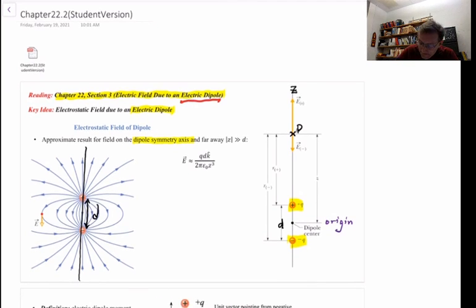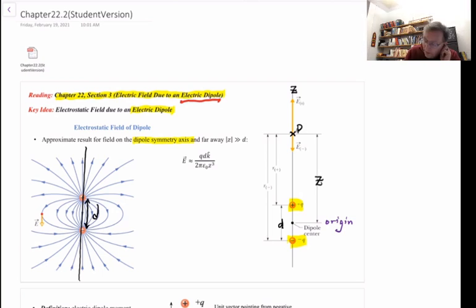Well, there's a contribution to the electric field at point P from each of those charges that make up the dipole. We've got to find those two contributions as vectors and then add them. So we're going to label the distance from the origin out to point P as a distance z, because it is on the z-axis.